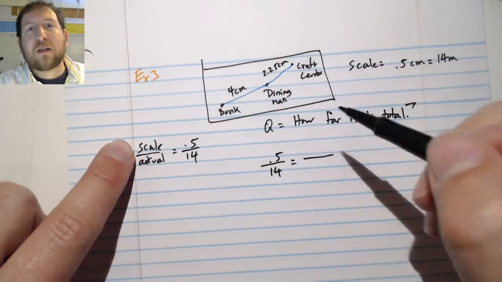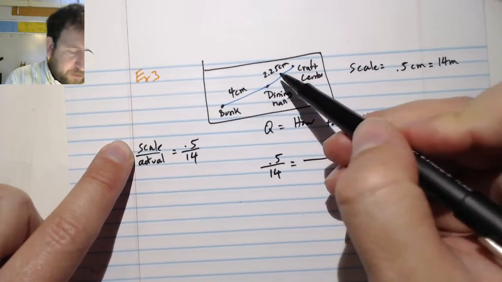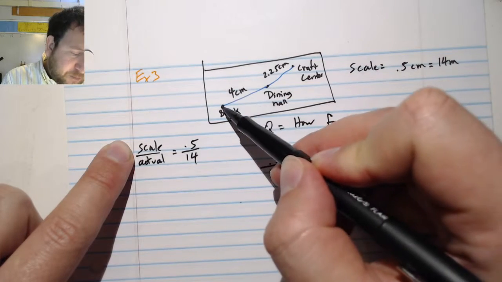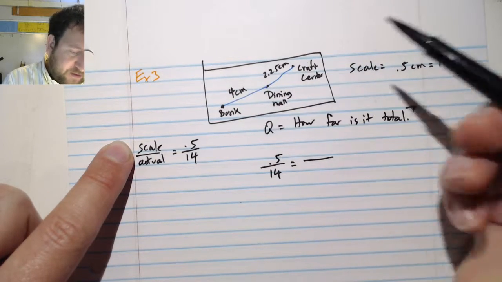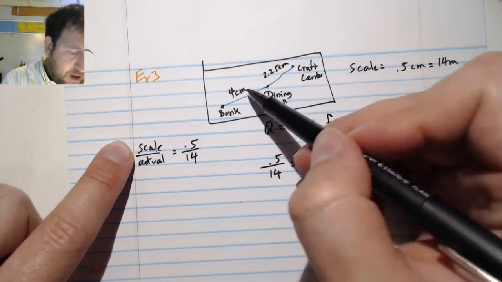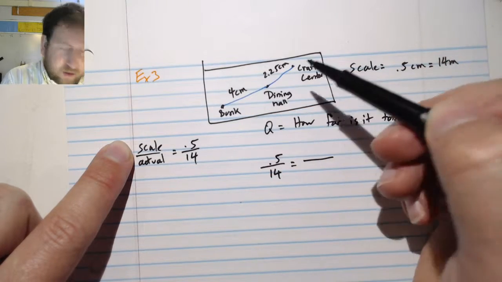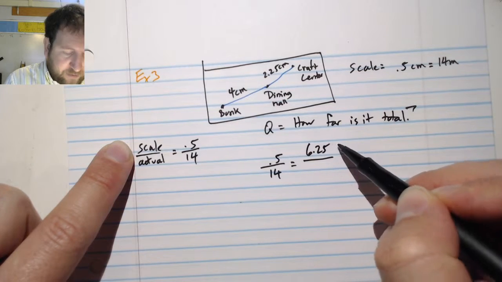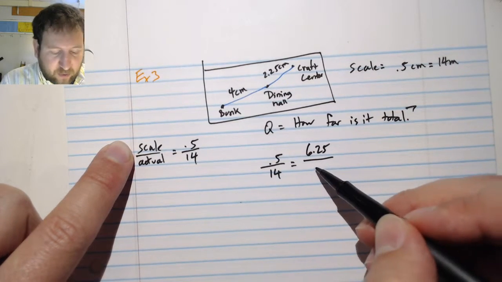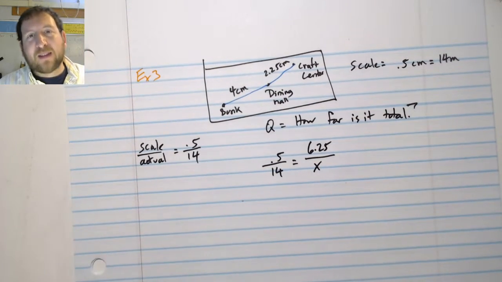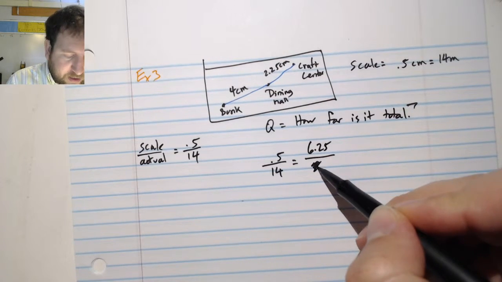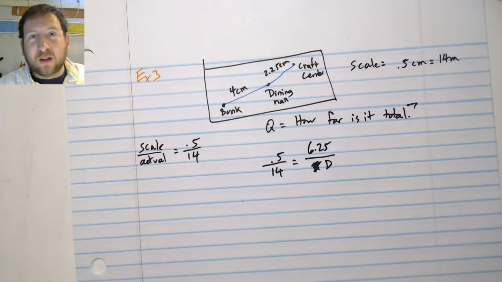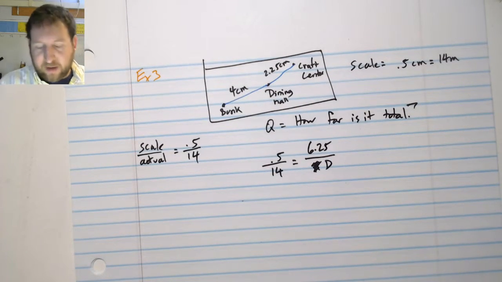How far in scale distance did she walk? From bunkhouse to craft center is what I'm looking for, so I can say 4 plus 2.25, which is 6.25. The total distance is what I'm not sure of. I'm going to write that as D, because I'm looking for distance, and that'll help me not be confused.